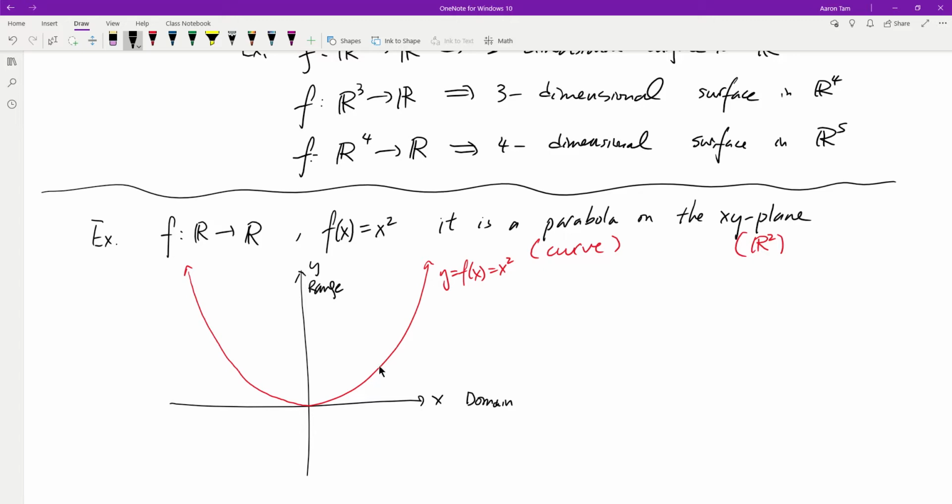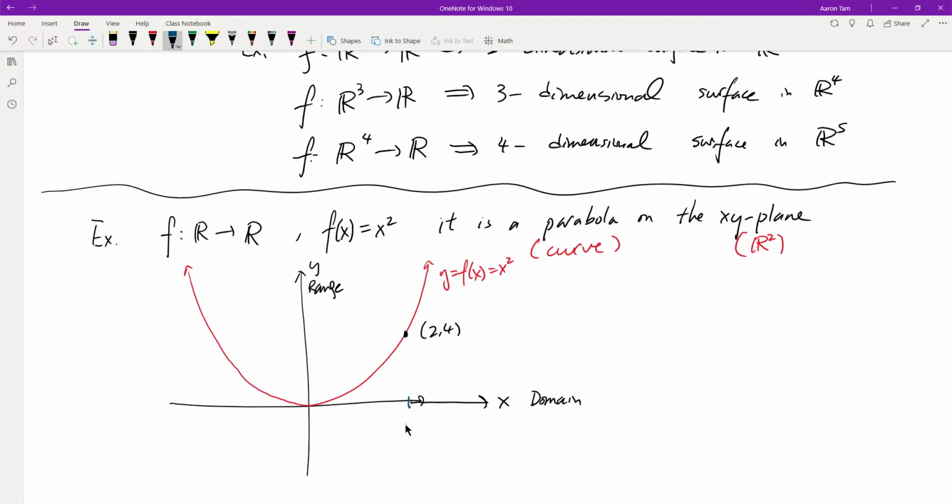Number two, let's say I identify this one point right here, which is, I don't know, (2, 4). Let's mark that. So how do we come about recognizing this point as (2, 4)?